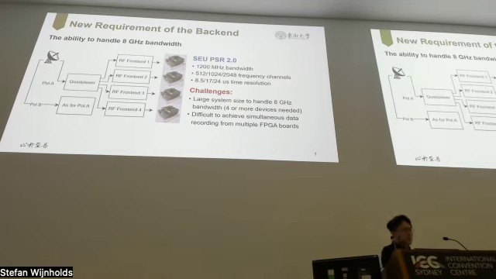The reason why we designed a new backend is we have a new requirement to handle 8 gigahertz bandwidth from multiple IF front ends. If we use our old system, which has the characteristics as shown here, the system size can be large, and we need 4 or more devices to handle this total bandwidth. And it is difficult to achieve simultaneous data recording from multiple FPGA boards.